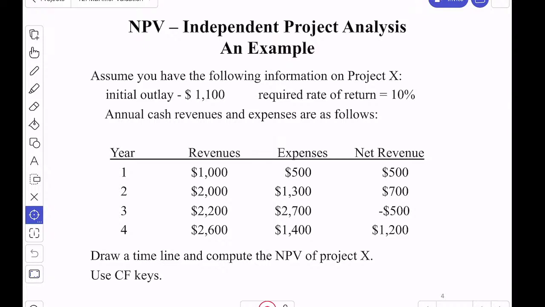So that's how we think about this required rate of return. It's our opportunity cost for investing and tying our money in this project.